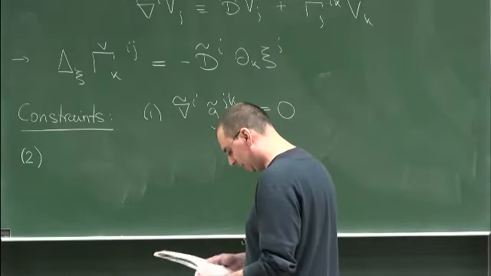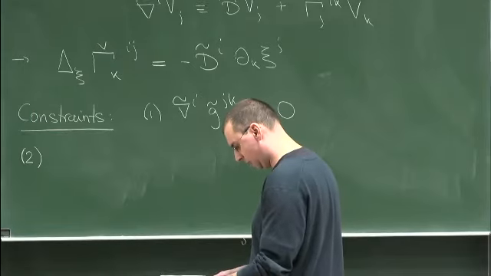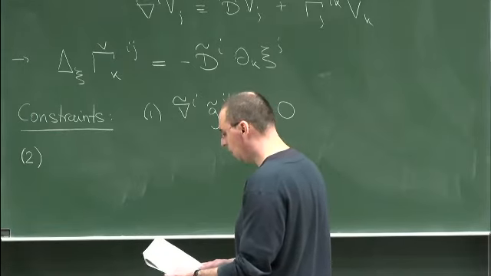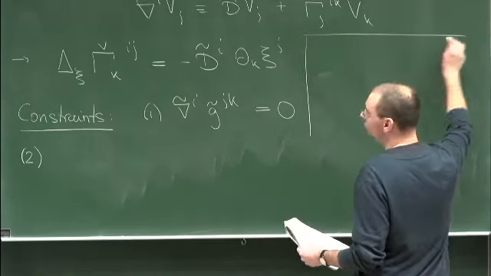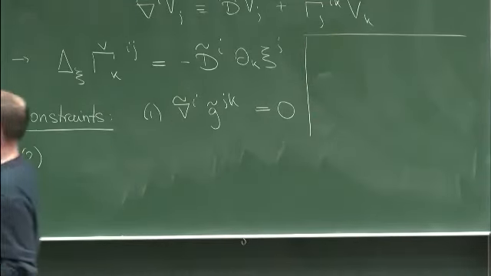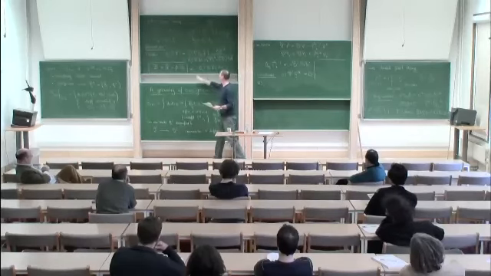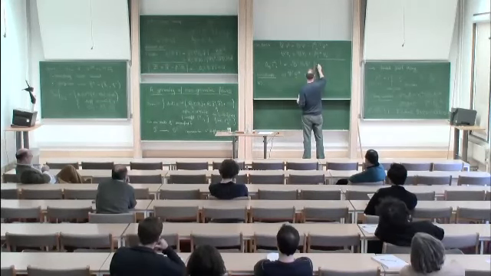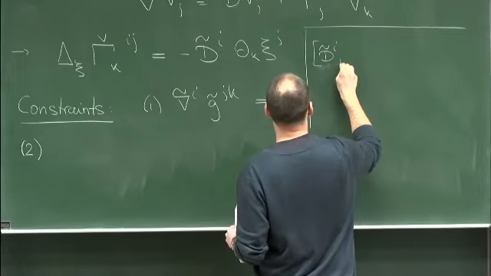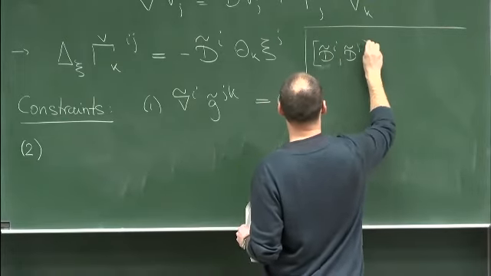So in order to explain the second constraint, let me first note a property of this derivative over here, this d tilde, which I forgot to mention before. So I told you it's non-commuting, but I forgot to give you the commutator.